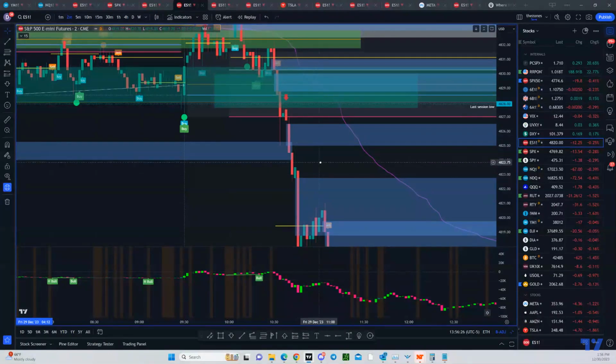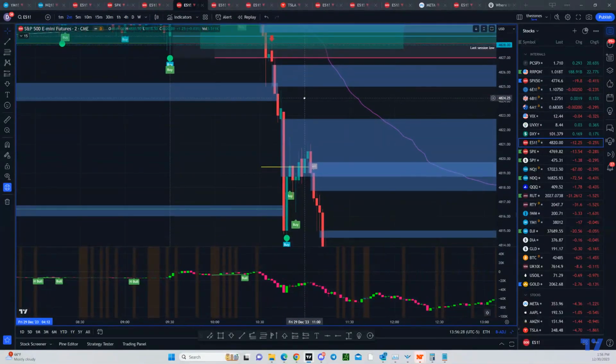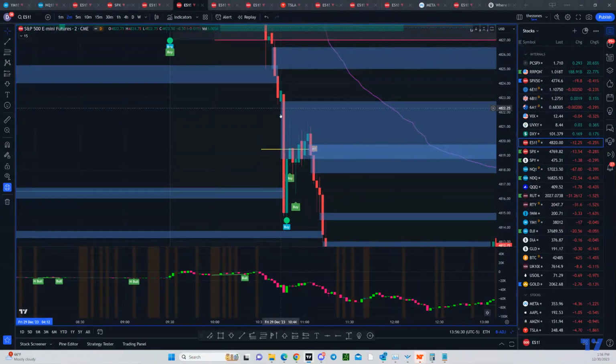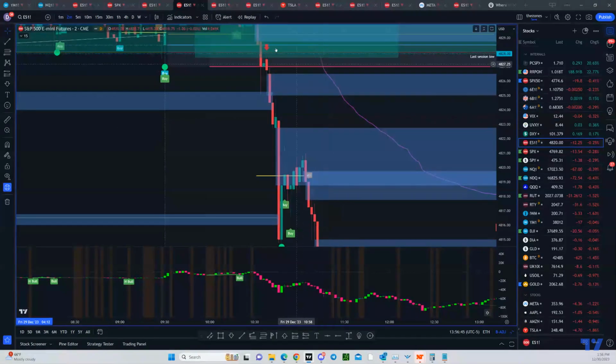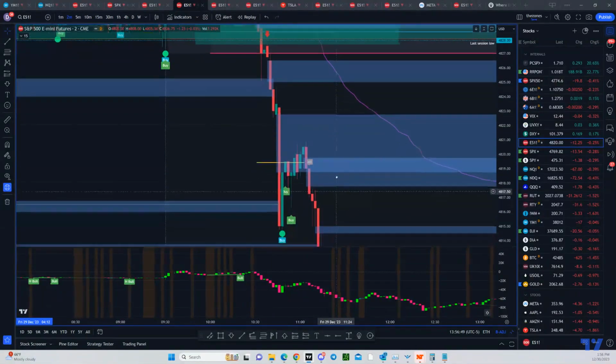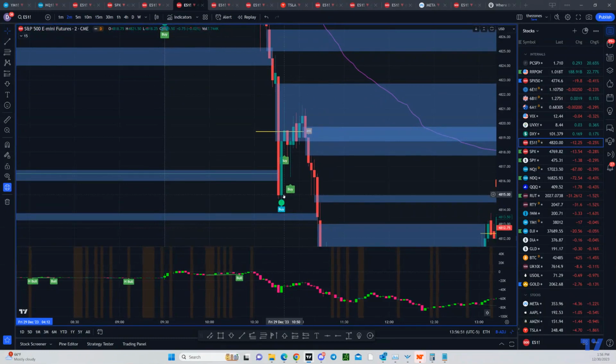A short trade from here, and it just got all the way down to the zone here, 41. And we say that the first target was 20 from there. So this would have been a nice 7 to 8 point trade to here. It just kept going.